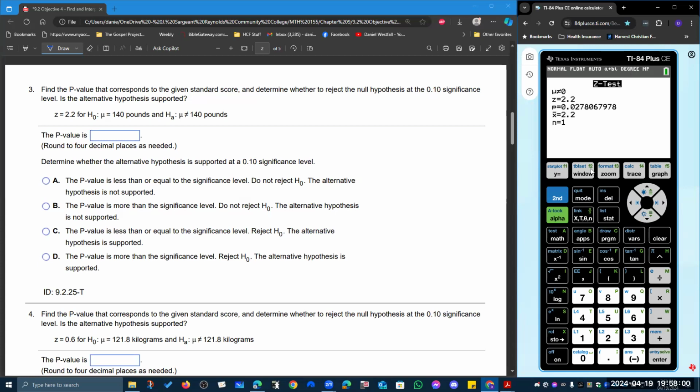We calculate and get a p-value of 0.0278, and our p-value is less than our alpha. So we are going to reject H naught.